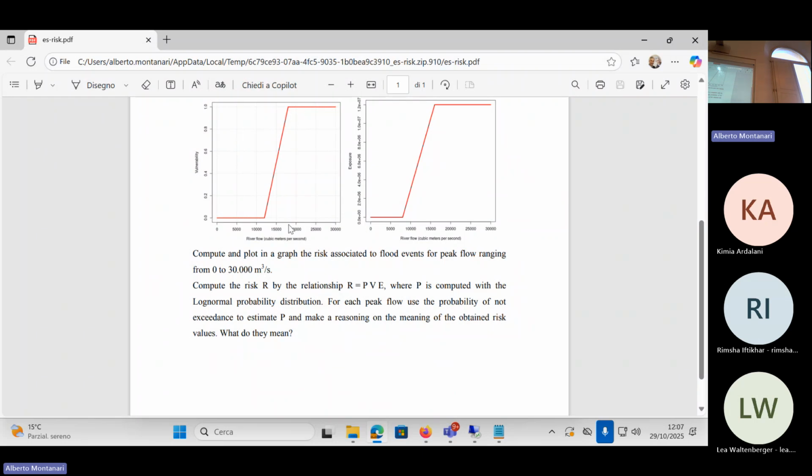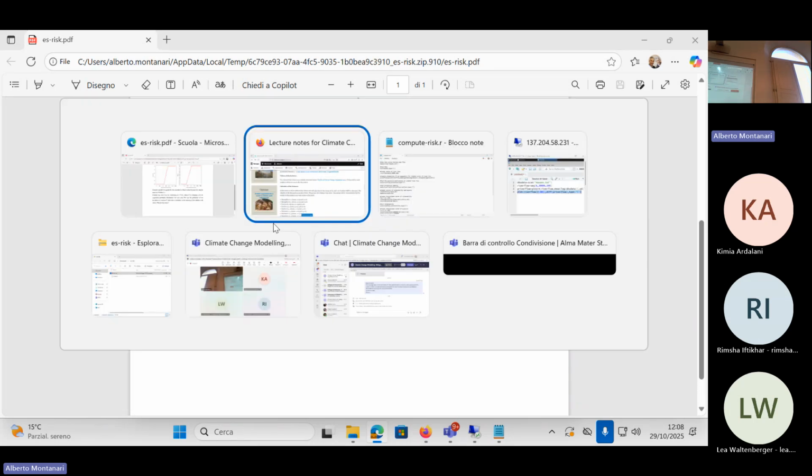So the vector, this is, for instance, vulnerability. The vector is unchanged up to 12,000, and here it is unchanged, 0, up to 8,000. And then I need to make the change here, linear interpolation between 12,000 and 18,000 in this case, between 8,000 and 15,000 in this case. And then it's a sequence of ones. Okay, good. Let's go back to the code then.